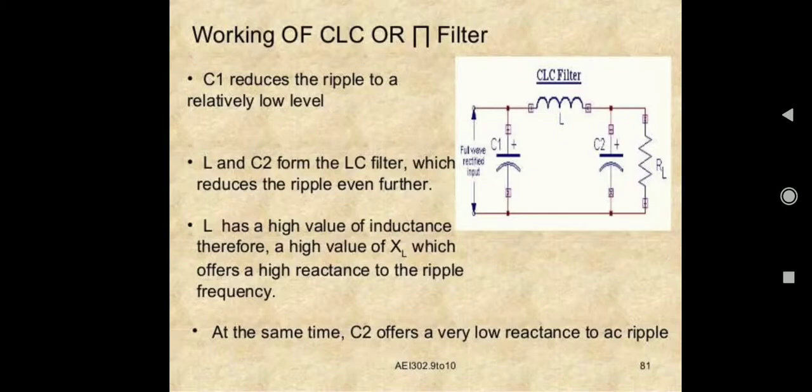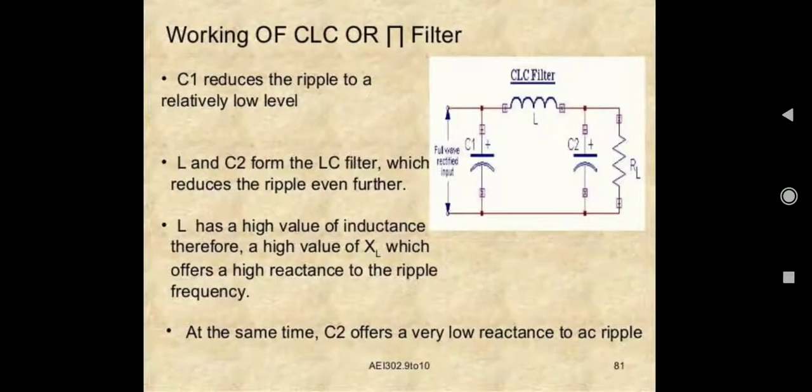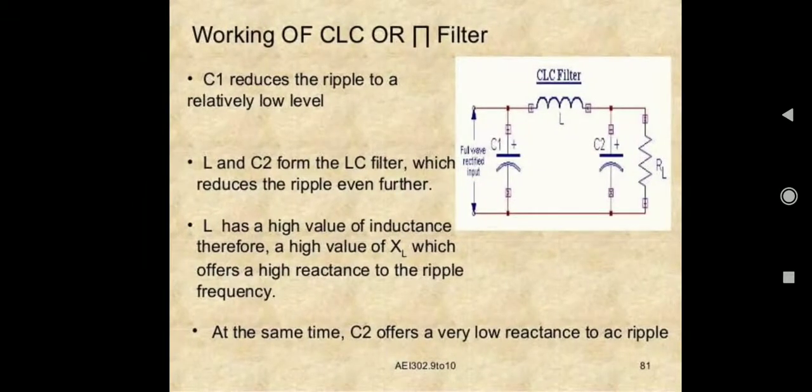As C1 comes first, looking from the rectifier side, the pi type filter behaves in a very similar way to the capacitor input filter. All of the advantages and disadvantages of the capacitor input filter are applicable to this pi type filter as well.